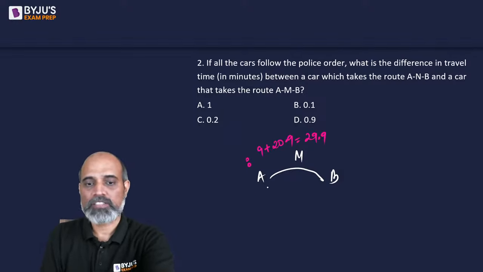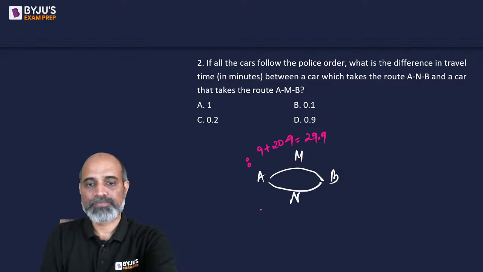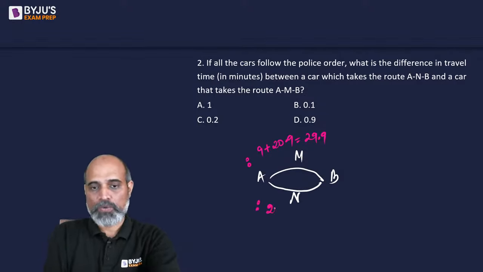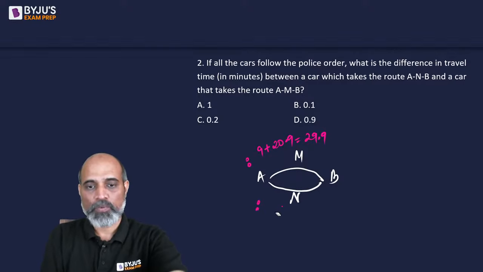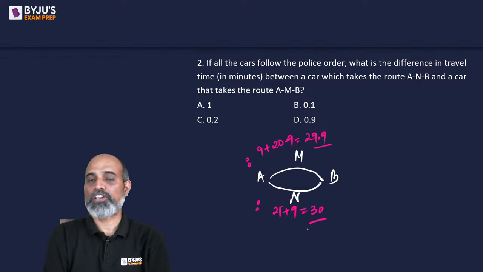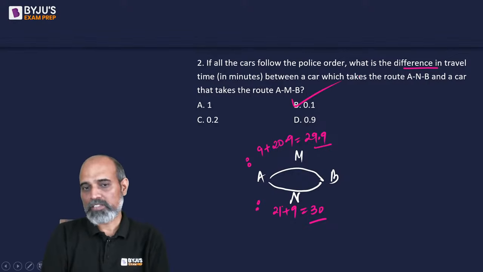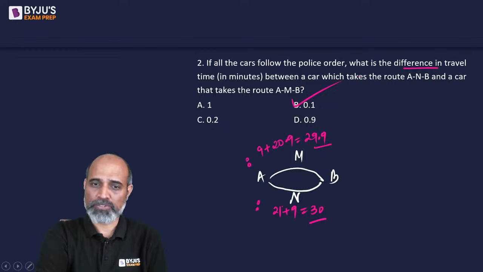And the 2 cars that were taking the route ANB took 20 plus 1, so that is 21 plus 9, which is 30. So looking at these 2, we definitely know that the difference in travel time is just 0.1 minutes, right? So B should be the answer. It's a continuation of the previous solution, right? So B is going to be the answer.